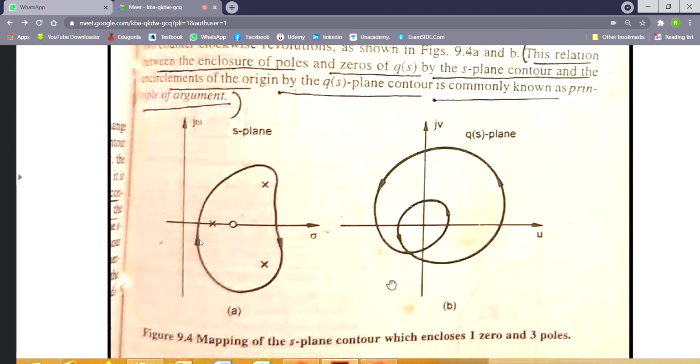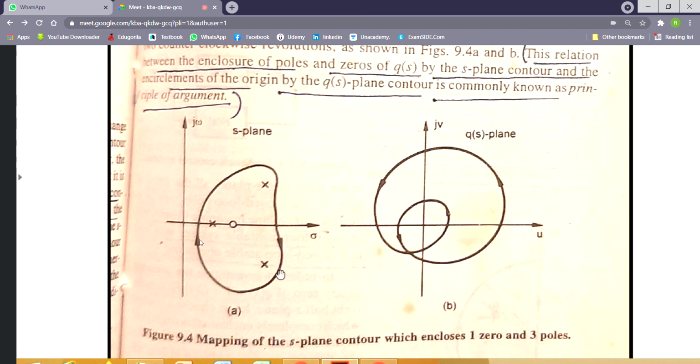In this diagram we can see that three poles of QS and one zero of QS are enclosed by this chosen S-plane contour.